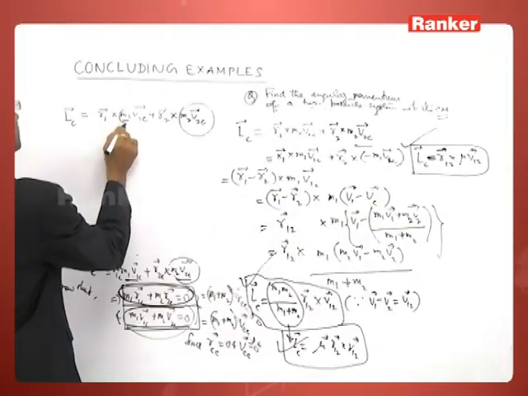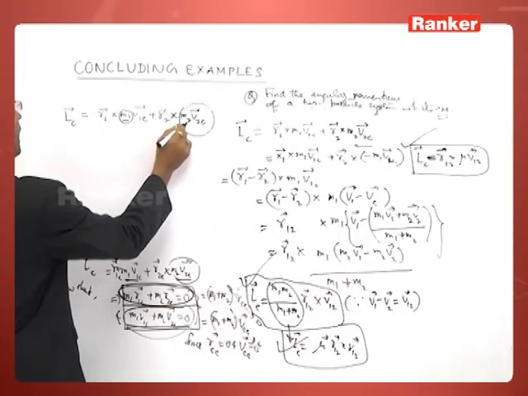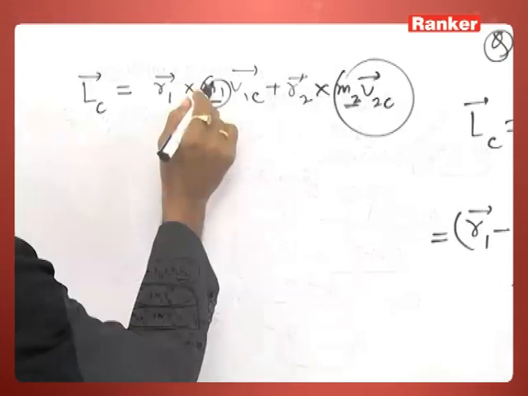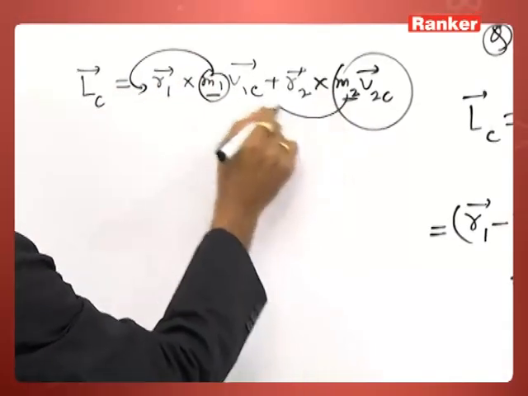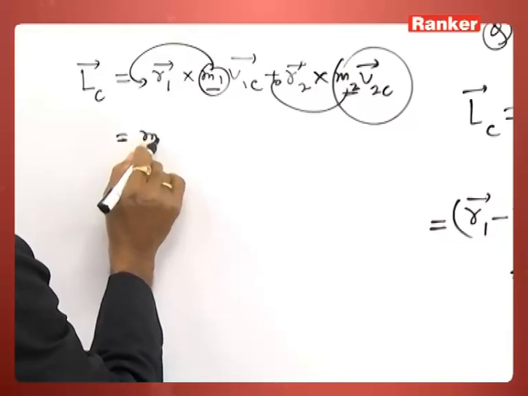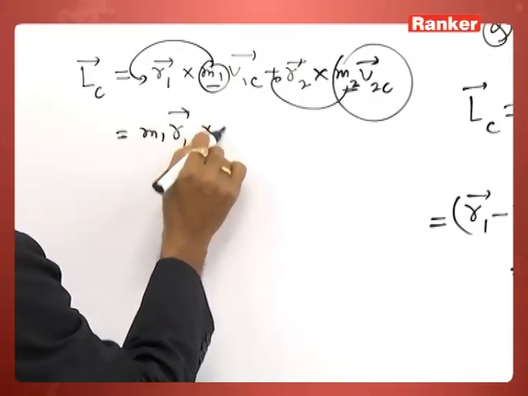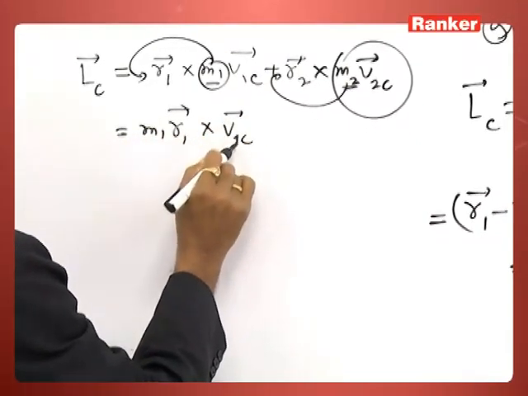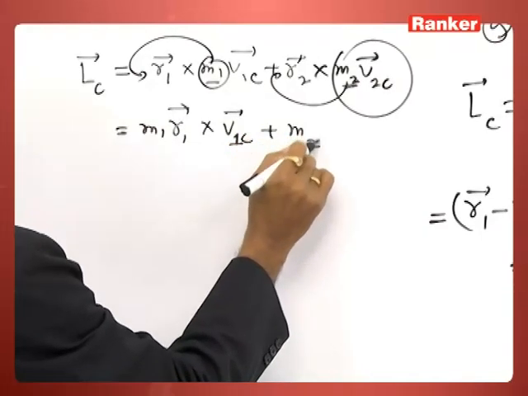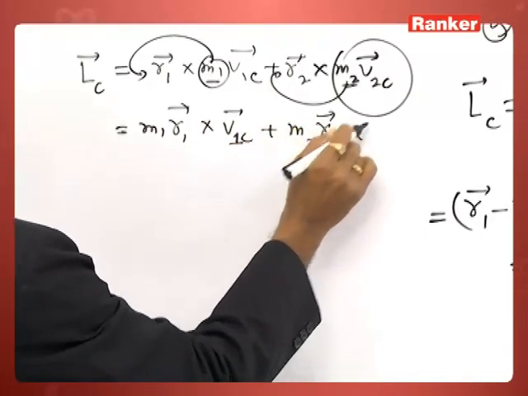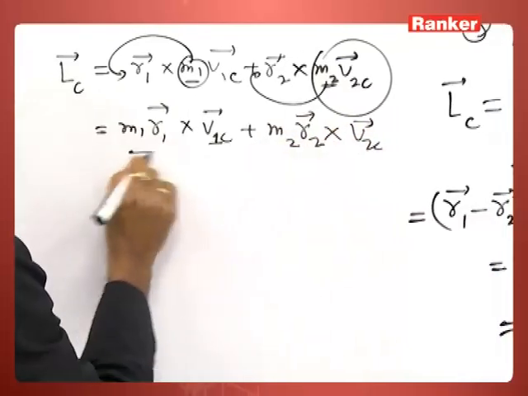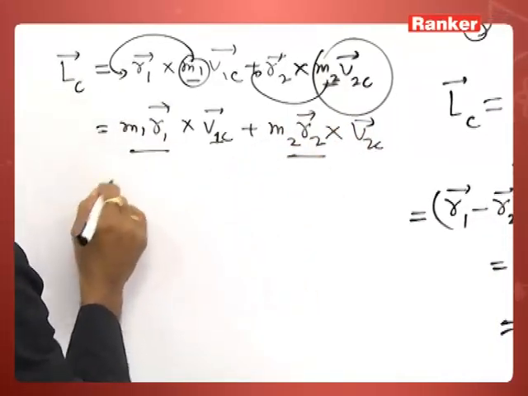m1 is a scalar quantity, m2 also is a scalar quantity. So, you can take m1 to this side, m2 to this side to get m1 r1 cross v1c plus m2 r2 cross v2c. m1 r1 and m2 r2, anything you can substitute.